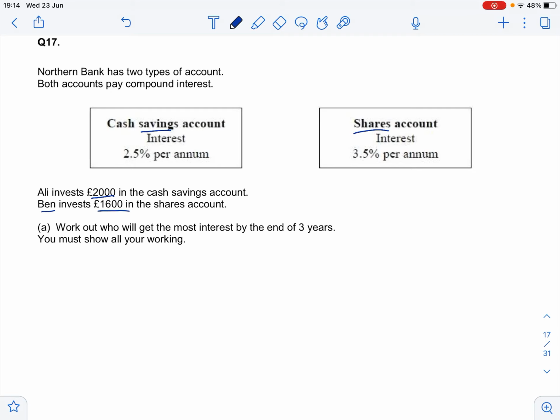So firstly, we need to work out Ali. How much money will Ali get by the end of 3 years? Remember, it's interest, so it's going up. So we always start with 100%, add our percentage, then divide by 100. That will give us the decimal multiplier.